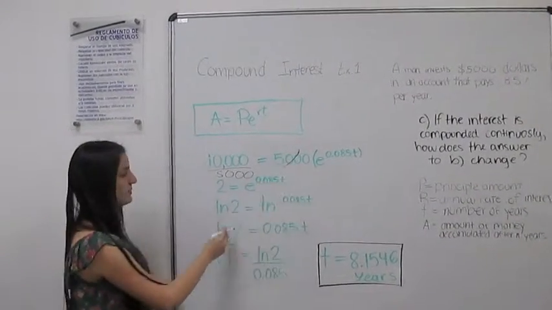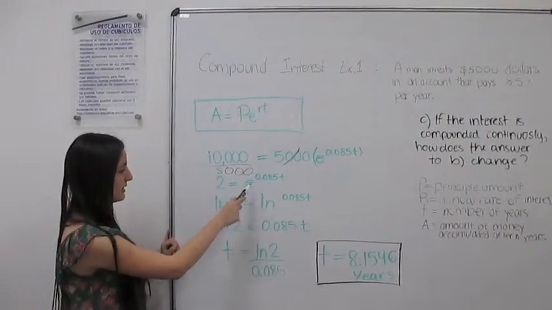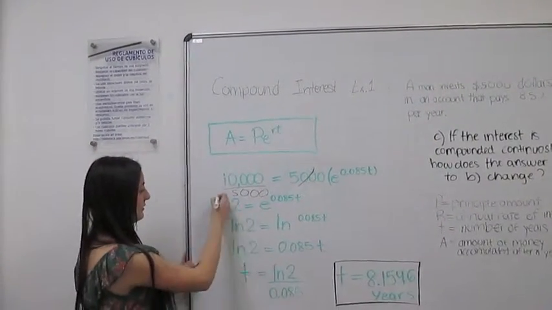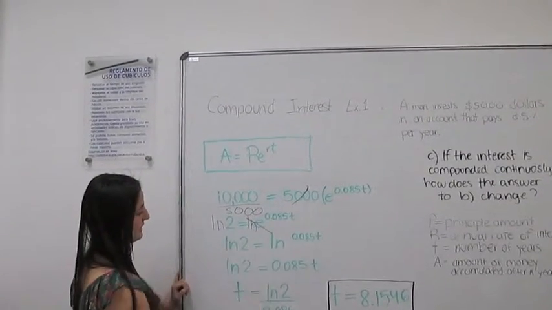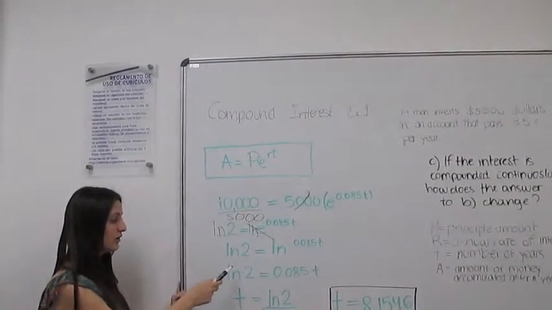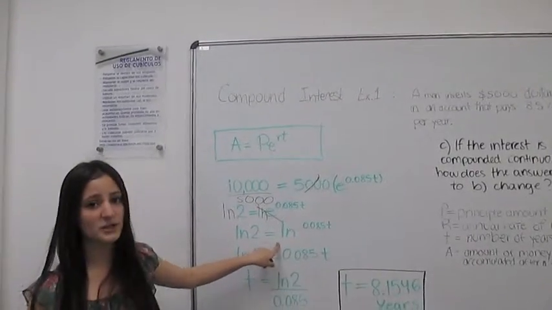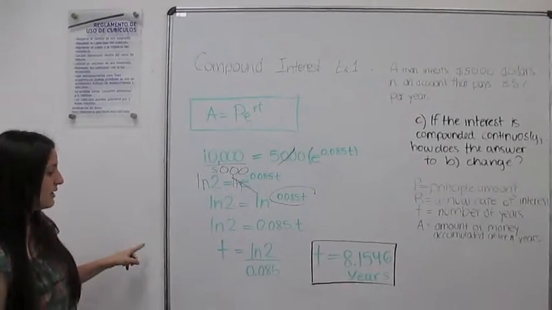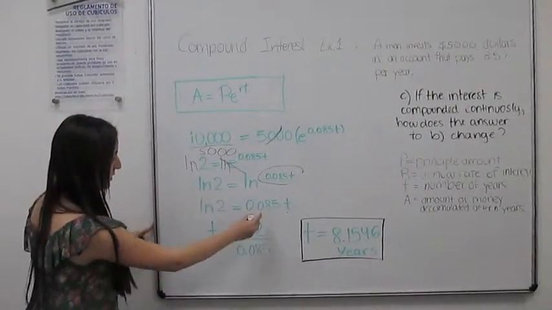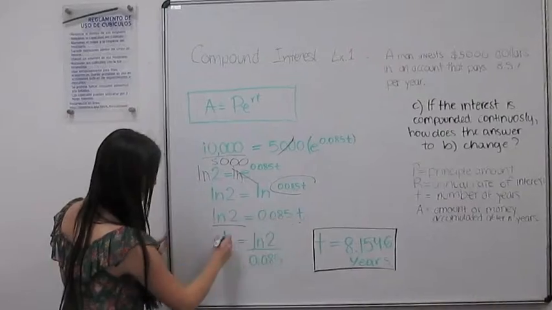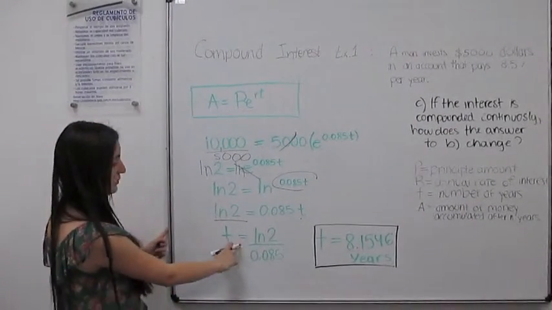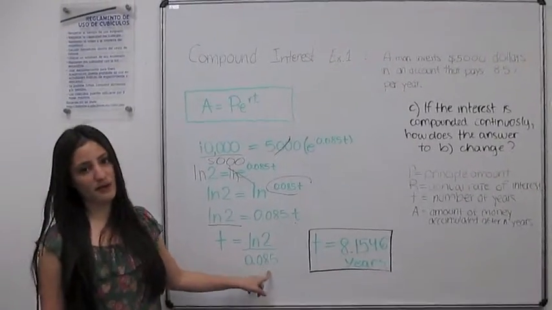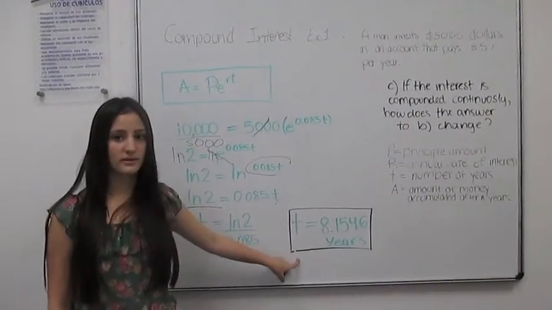So we eliminate this from here. And now to eliminate e, we use a natural logarithm, and we eliminate e. And now we have the natural logarithm of 2 is equal to the natural logarithm of this. So now all we have to do is clear t. We divide this over this, and we have time is equal to the natural logarithm of 2 over 0.085. And this is the answer.